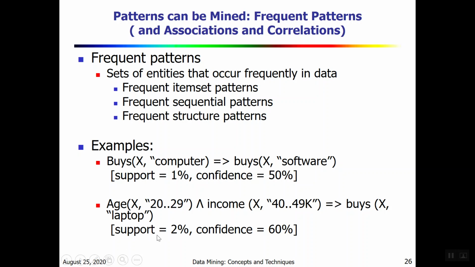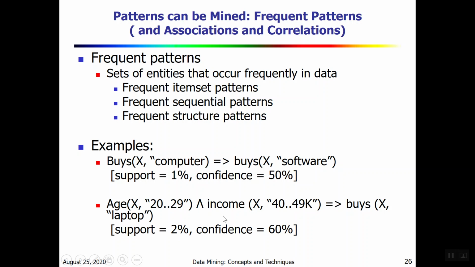In this case, support tells us that among all the customers we have, people in this age group with this income who purchased a laptop account for 2% of all the customers. So 2% of these people have all three elements.